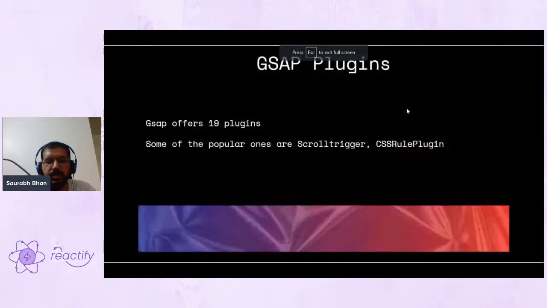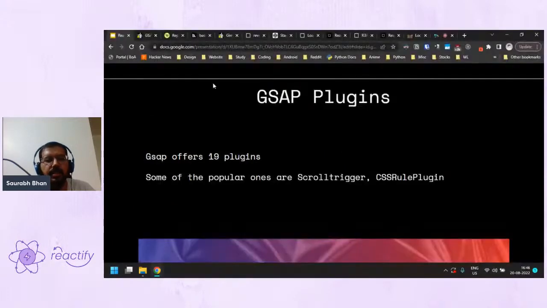So to understand that, GSAP offers multiple plugins. There are currently 19 plugins as of now. The main plugins that are used with GSAP are ScrollTrigger and the CSS Rule plugin. ScrollTrigger is basically used, as I showed you earlier.